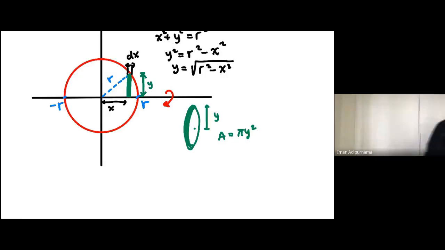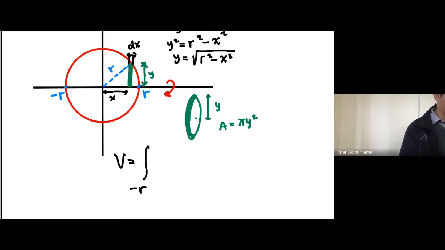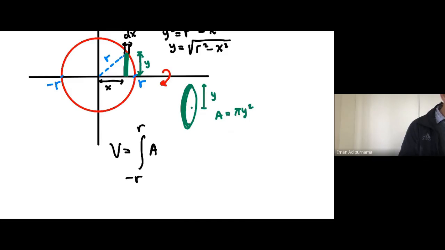And let's put the volume. Let's write the volume is the integration from negative r to r. So r becomes our fixed constant, okay? And then let me write this dx because I'm using dx. You can use dy also and you change everything to y. But I'm using x instead.